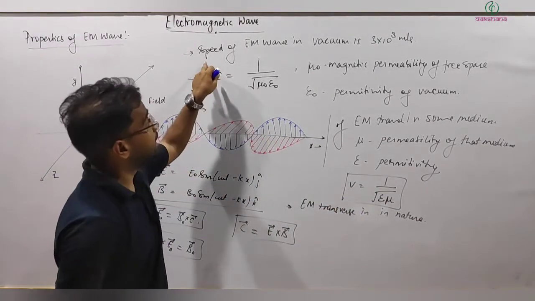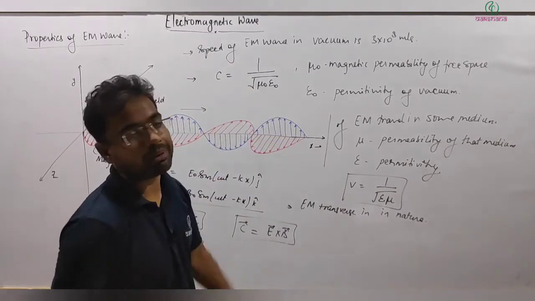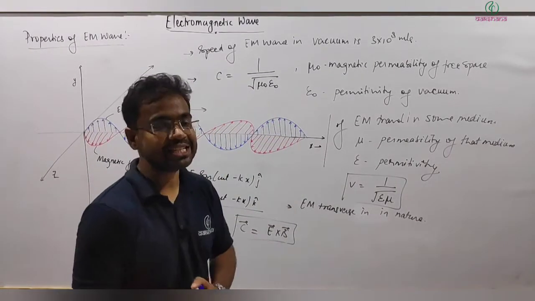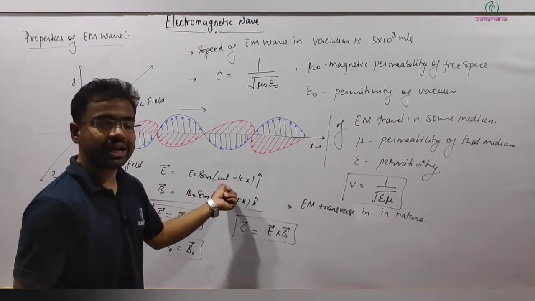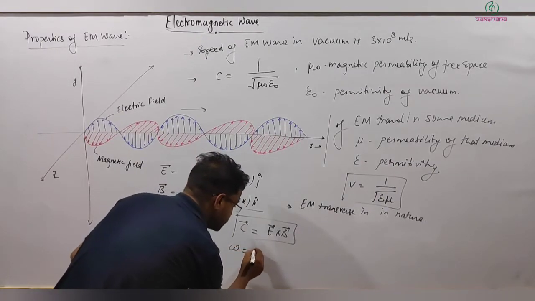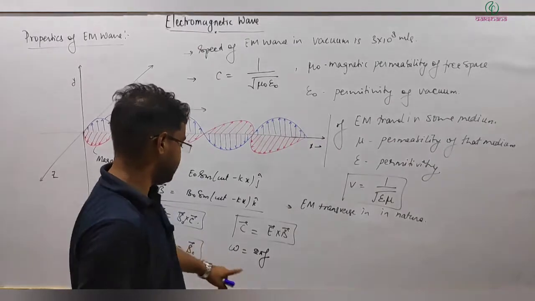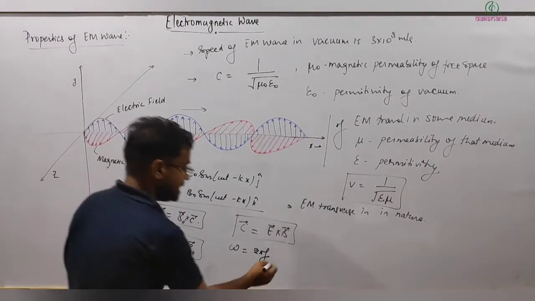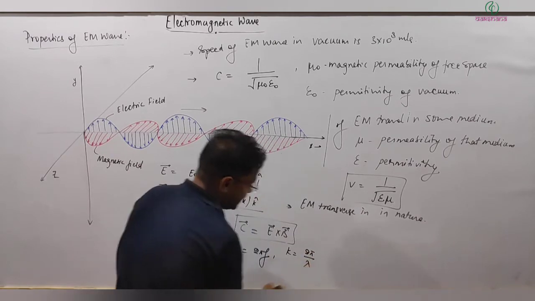Speed of EM wave in vacuum is equal to C, and it is related to permittivity and permeability in this manner. And here omega is the angular frequency, omega is equal to 2 pi f, where f is the frequency of the wave. K is termed as wave number, related to 2 pi by lambda.